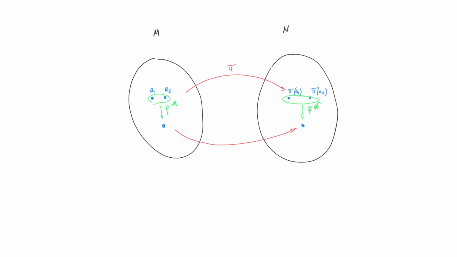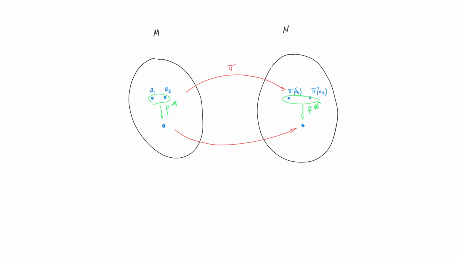For functions, we obtain the following picture. Let's assume we have a binary function. A binary function will take two elements of the universe. Its interpretation in M will map this to another element in M, and the same thing happens on the N side.